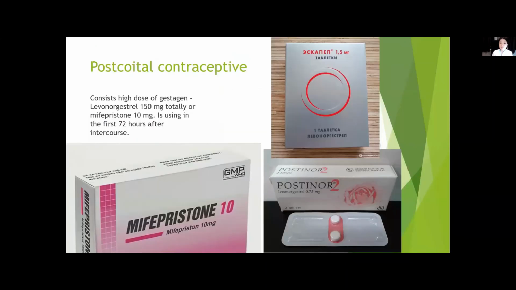Postcoital contraceptive consists of a high dose of gestagen, levonorgestrel 150 totally, or mifepristone 10 milligrams, used in the first 72 hours after intercourse. As a reminder, it is suggested to be used during 24 hours after intercourse, because the effect will be higher than if you use it more than 24 hours after intercourse.